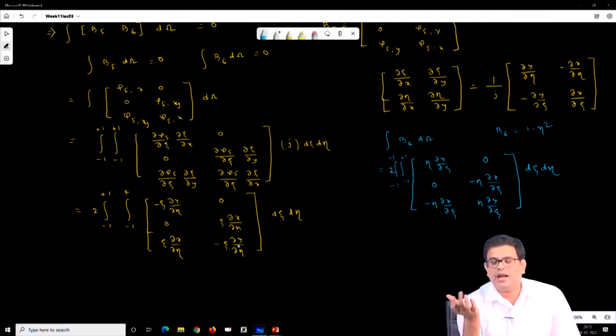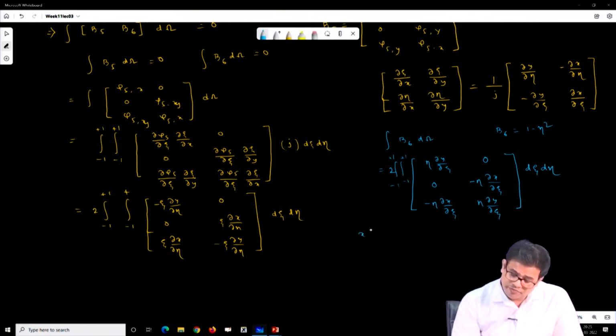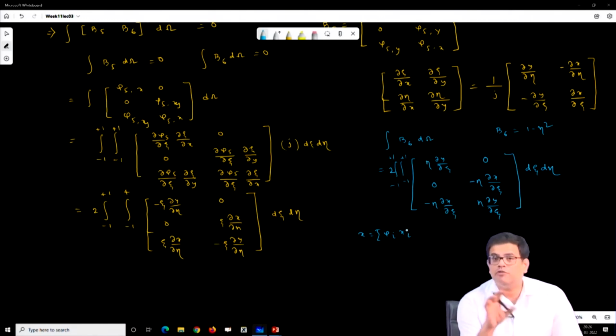So naturally we can understand this, because x we know is phi i into x i. So naturally phi i's are my isoparametric form, that is all 4 shape functions, 1 by 4 into 1 minus xi into 1 minus eta x1 and so on.